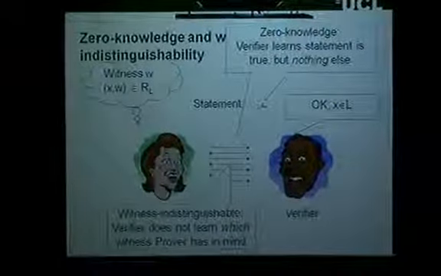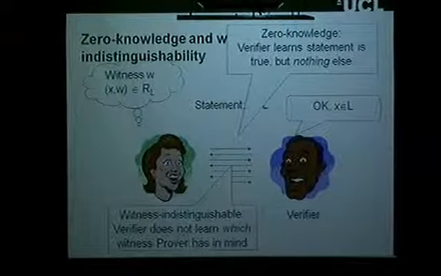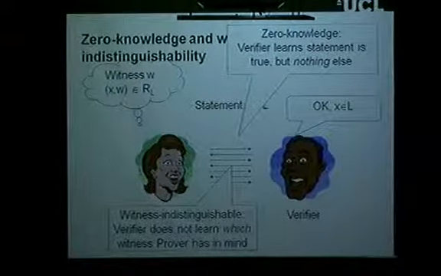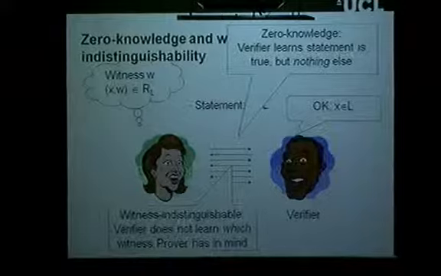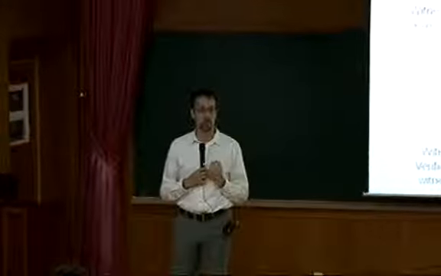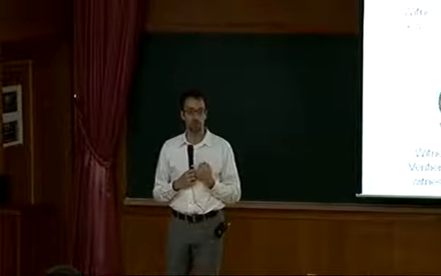And there we're looking at statements. So if we look at one particular statement, it may have many different witnesses for belonging to the language. Okay? And a witness indistinguishable proof is one in which the verifier does not learn which of those witnesses it is that the prover has in mind. Okay?